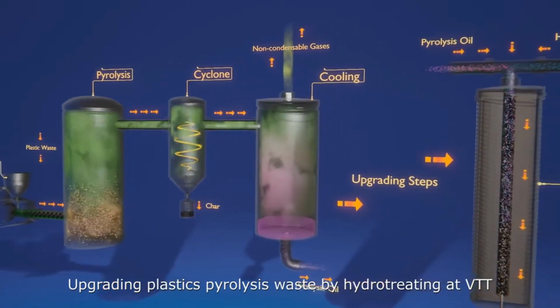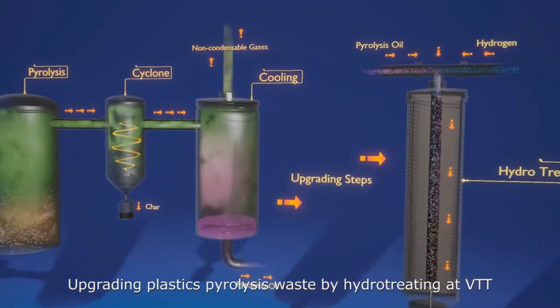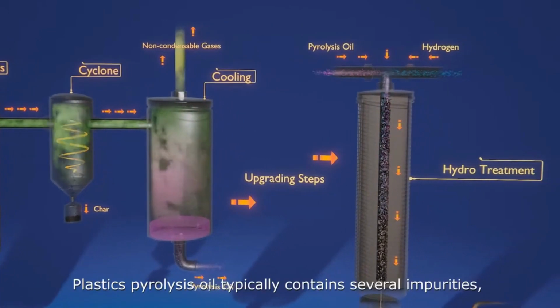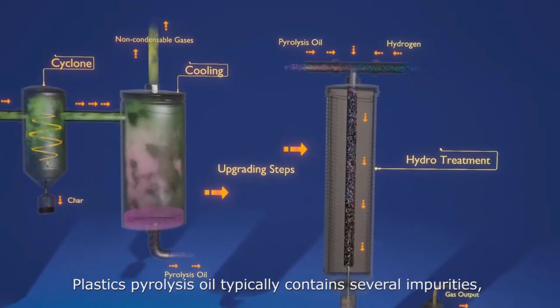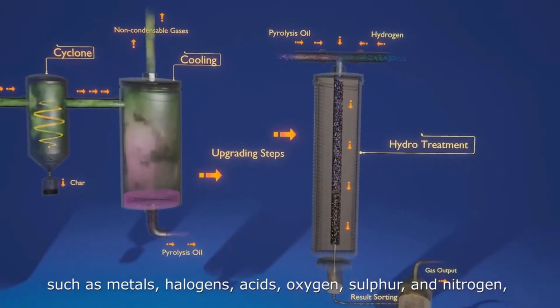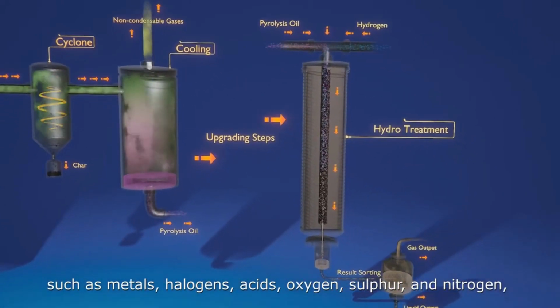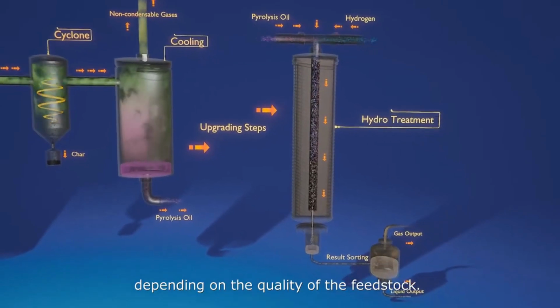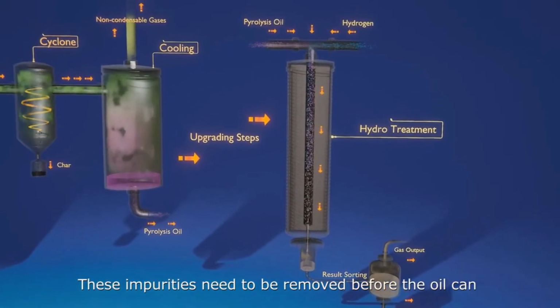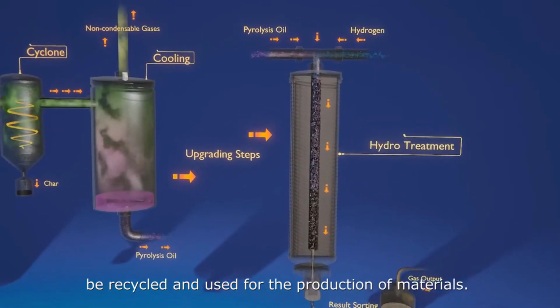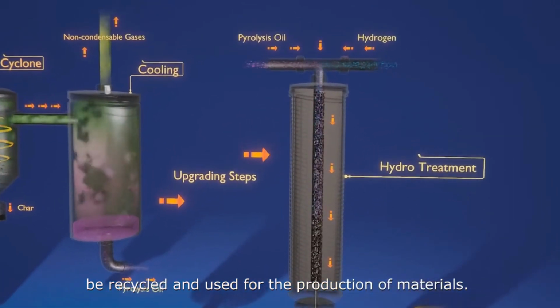Upgrading plastics pyrolysis oil by hydrotreating at VTT. Plastics pyrolysis oil typically contains several impurities, such as metals, halogens, acids, oxygen, sulfur, and nitrogen, depending on the quality of the feedstock. These impurities need to be removed before the oil can be recycled and used for the production of materials.